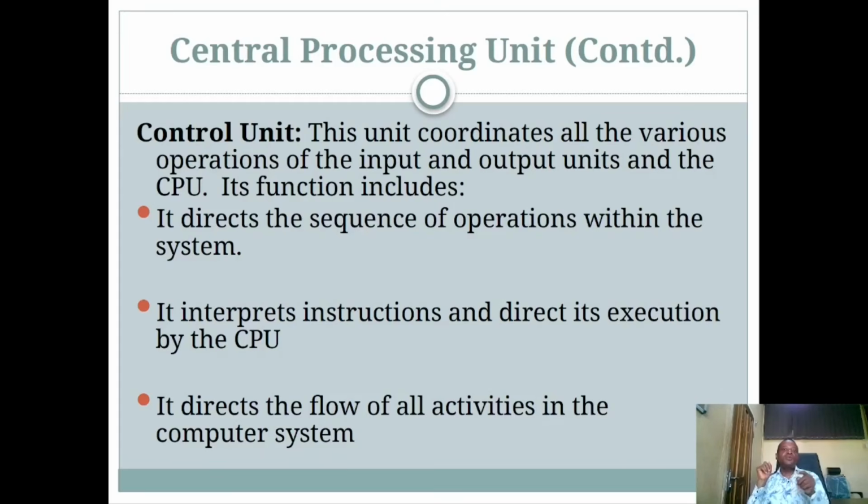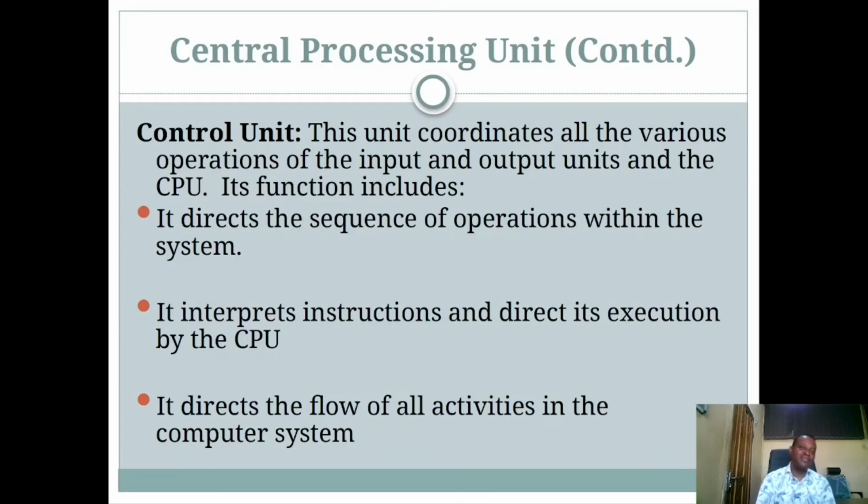The control unit controls what comes into the computer system through the input unit. It coordinates the activities of the central processing unit, and it also controls and coordinates how information is passed from the CPU to the output unit. So that means that if we did not have the control unit, the computer system would have been a large chaotic environment where there is no harmony, where everything goes the way it wants.